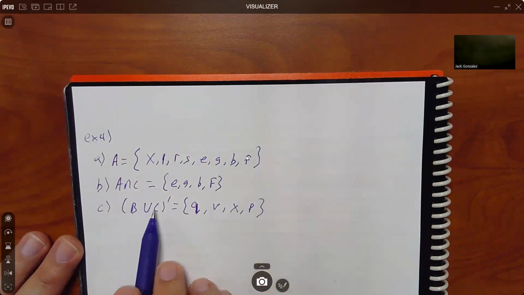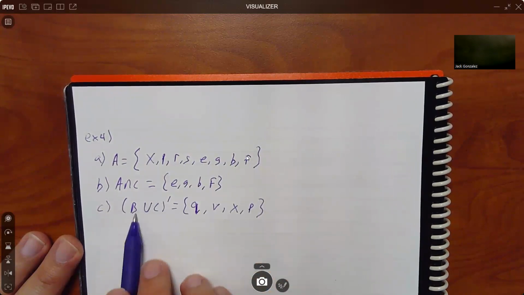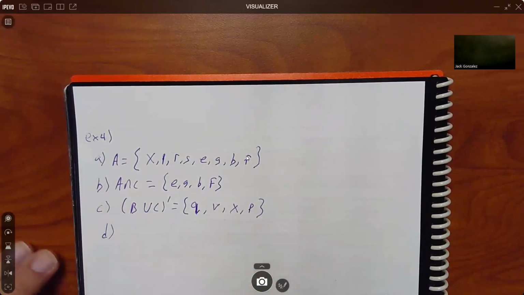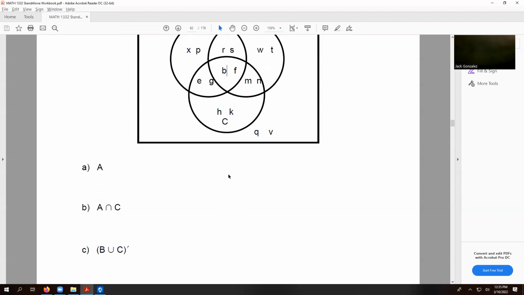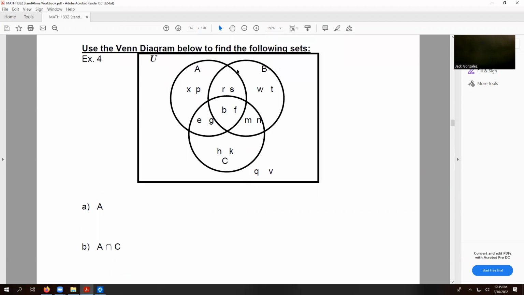So whatever has a complement, they want everything outside of it. Whatever's the complement, just think not this, outside. If they said A complement, visually that means everything outside the A circle.